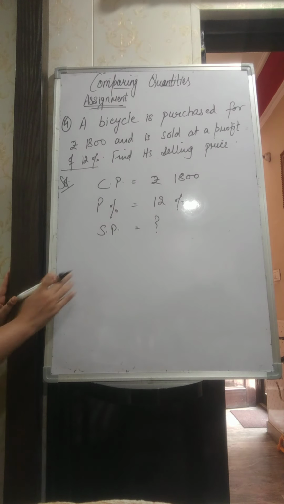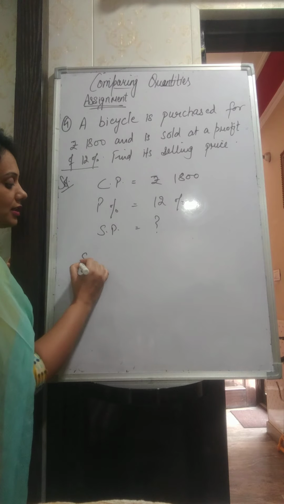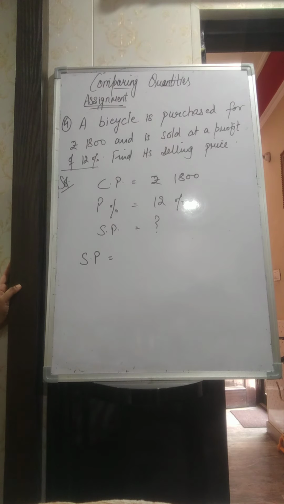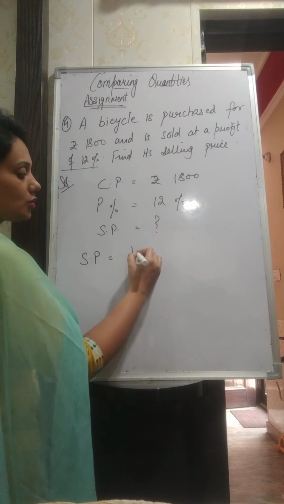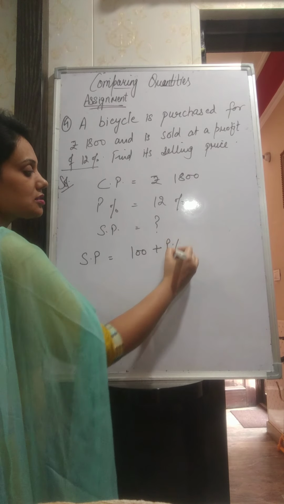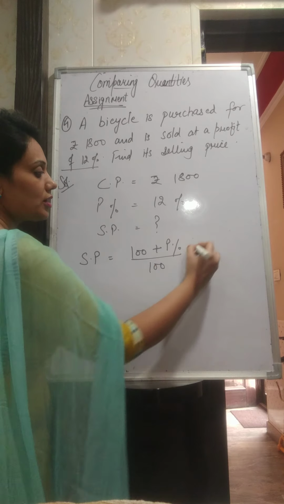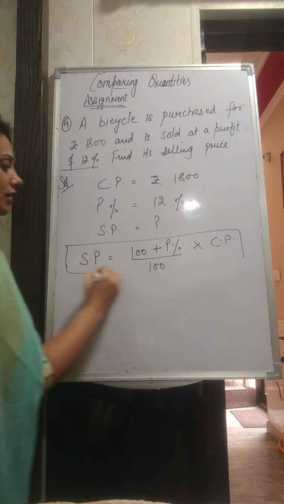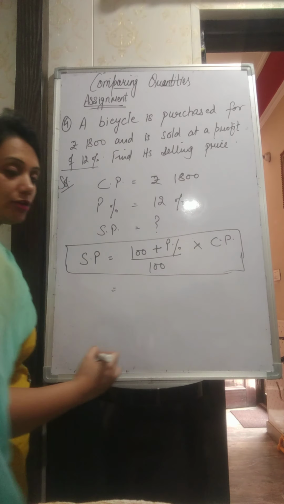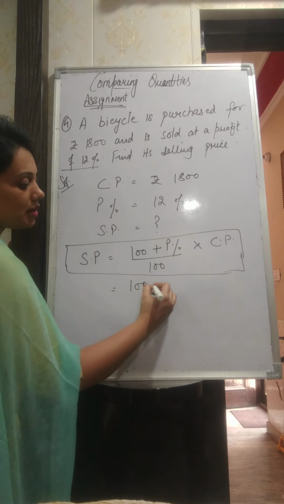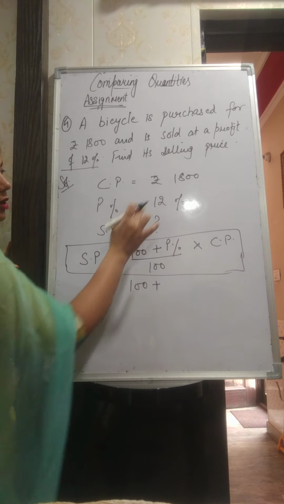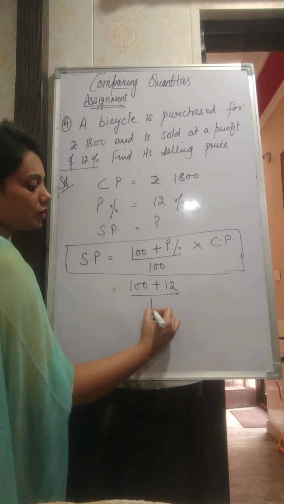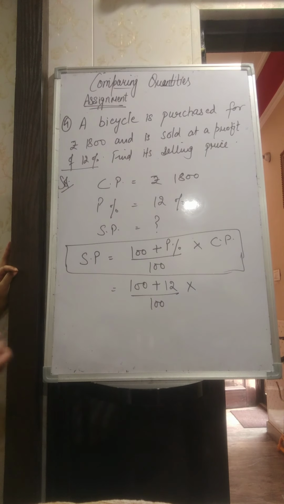So students, we have done the direct formula in order to find the selling price. If cost price and profit percent are given to us, then selling price is equal to (100 plus profit percent) over 100 into CP. This is the direct formula which you have to learn. Now we will fill the values. 100 plus, what is the profit percent? Profit percent is 12%. So in place of profit percent, we will write 12 over 100 into CP.